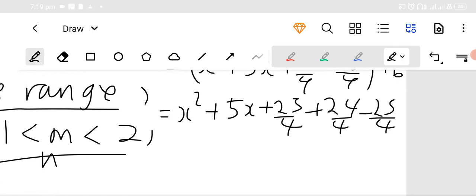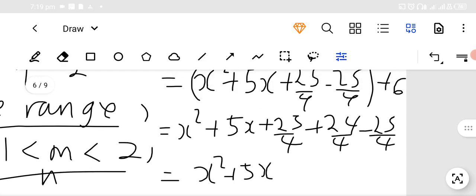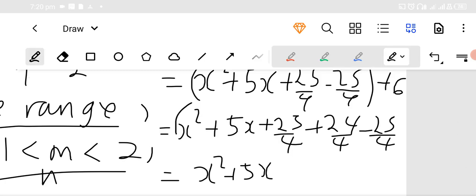And then you're going to have is equal to x squared plus 5x plus 25 over 4. This is still supposed to be in brackets, so that you don't get confused. Forgot to put it in brackets, sorry for that. As you can see, that's what I did. I hope you're not confused there.